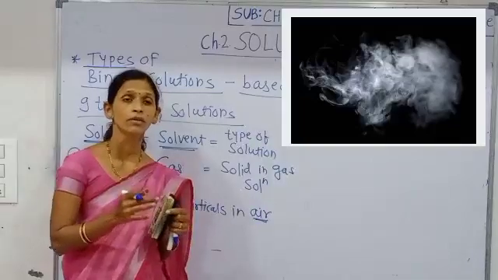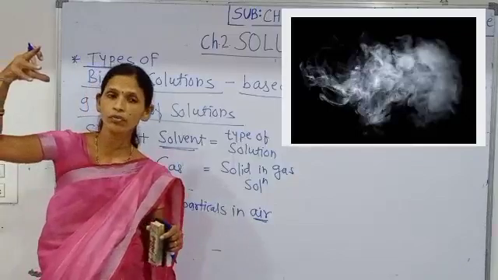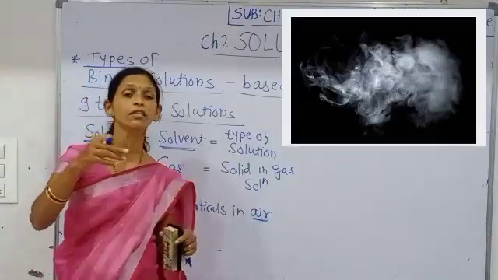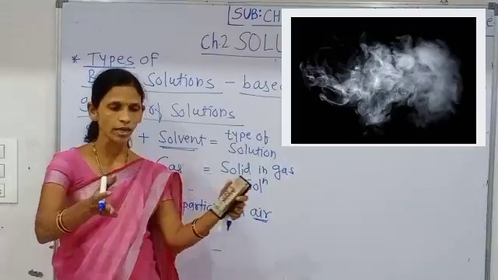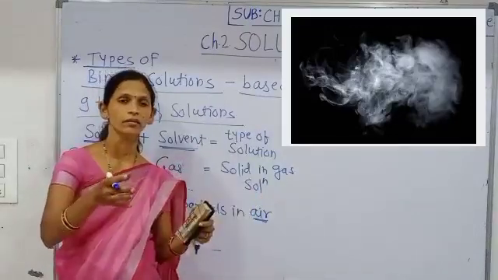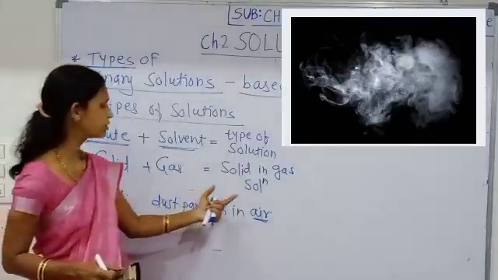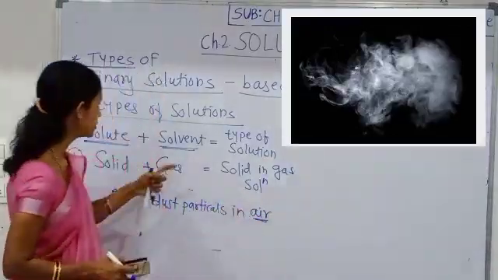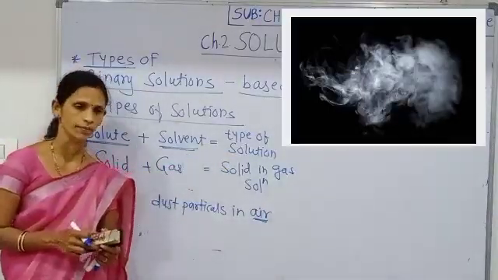We can see those dust particles when a beam of light enters a dark room, in the cone of that beam of light. That is the solid in gas type of solution.